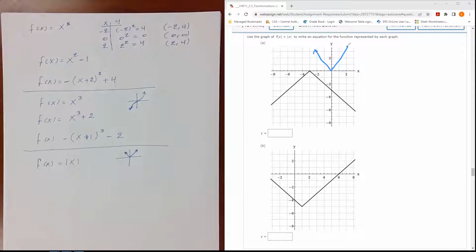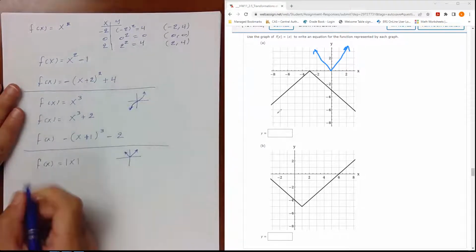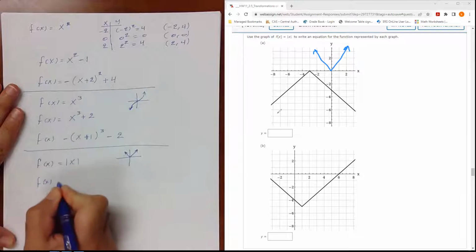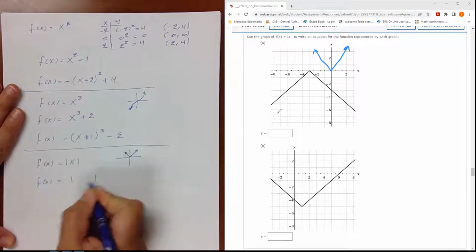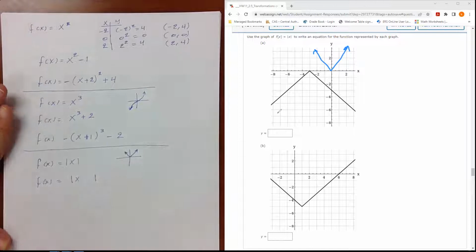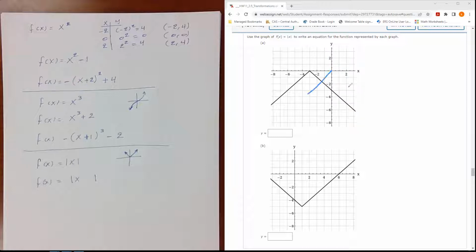Now let's check what happened to the new graph. So my basic function is the absolute value. Let's write down the technique. The first thing, if you look at the new graph, is like this. That means it's reflected over the x-axis. This side goes down and this side goes down. So in this case, this is the graph reflected over the x-axis. Here's our new graph like this.